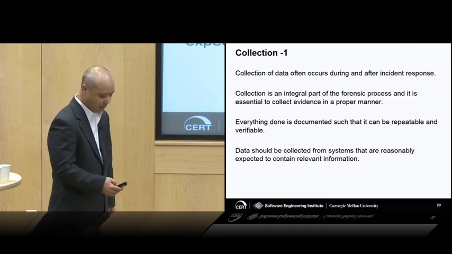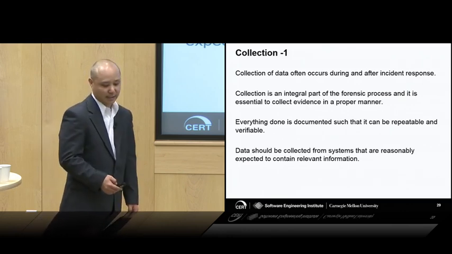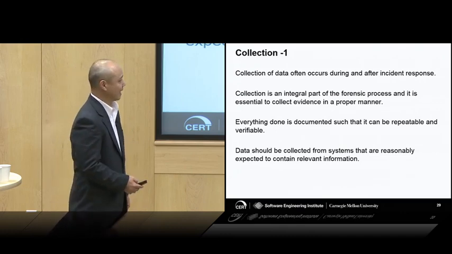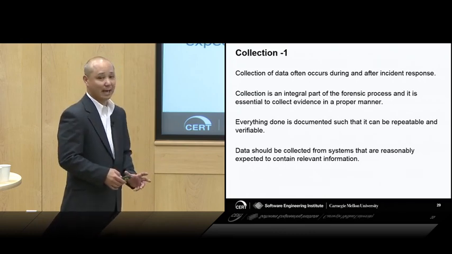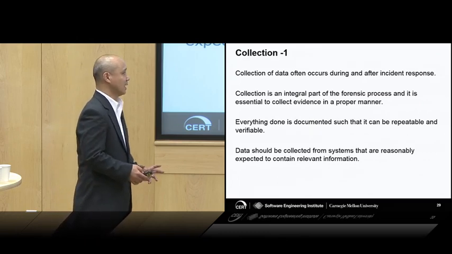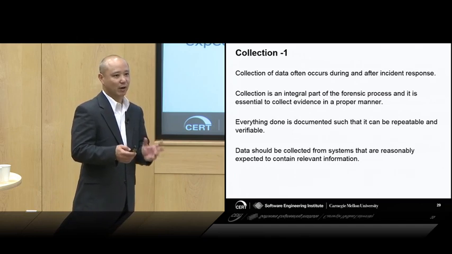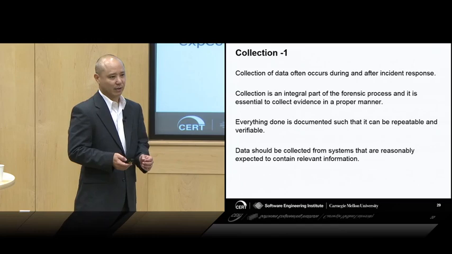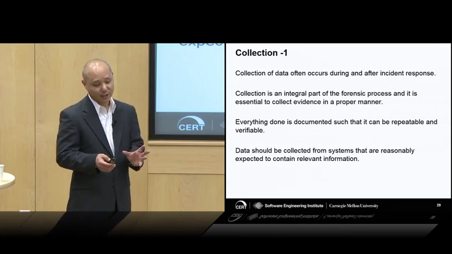Data should be collected from areas or systems that are reasonably expected to contain usable, relevant information. Just because it's a specific subnet does not mean you need to gather from every single host or every single system within that subnet. Use your resources wisely. They are limited, as we all know as IT folks. So do the concentrating as you need to.